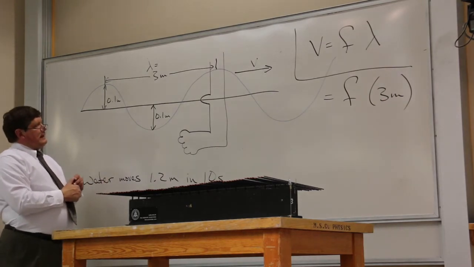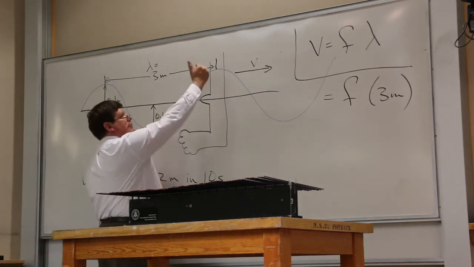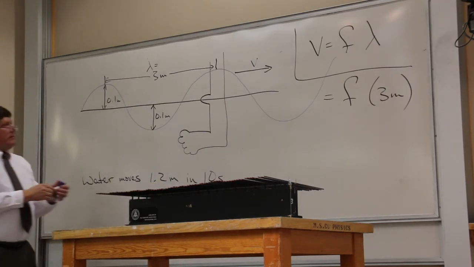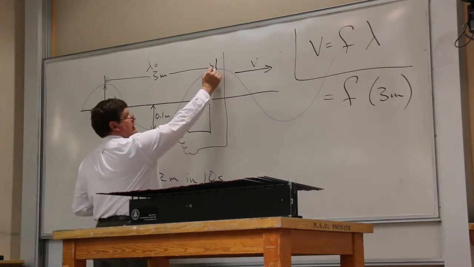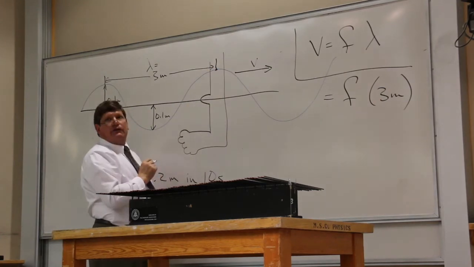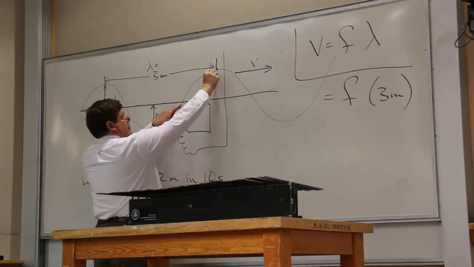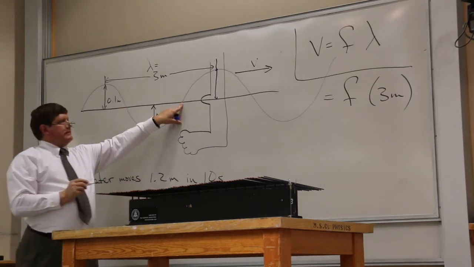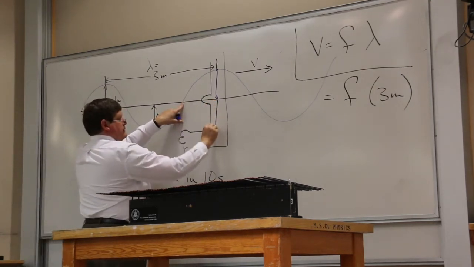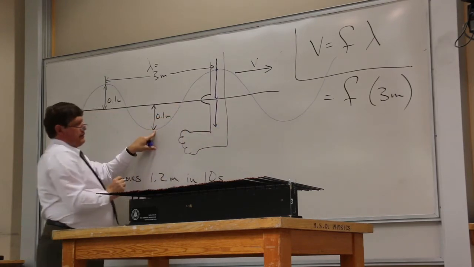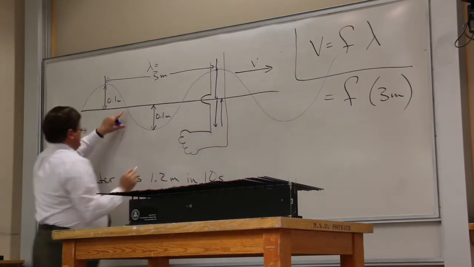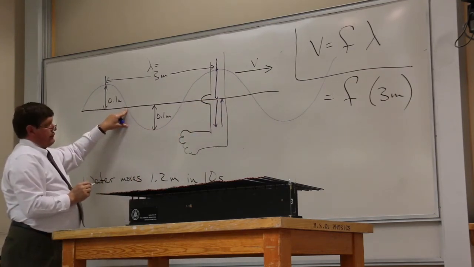Well, let's see how much the water moves up and down your leg for one wave going past. If we start with the crest right at your leg, it's going to go down to here when this part of the wave gets there. It's going to go down to here when this part of the wave gets there. It's going to go back up to here when that part of the wave reaches your leg.